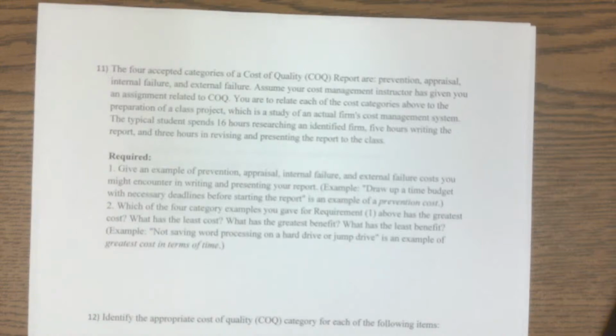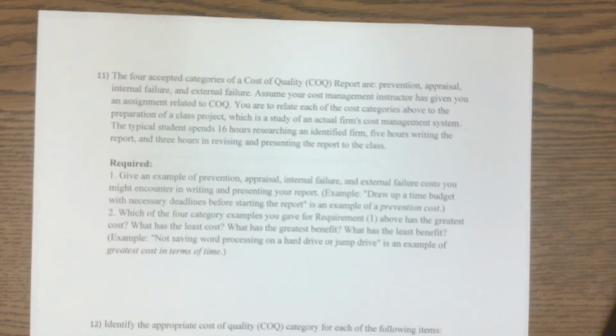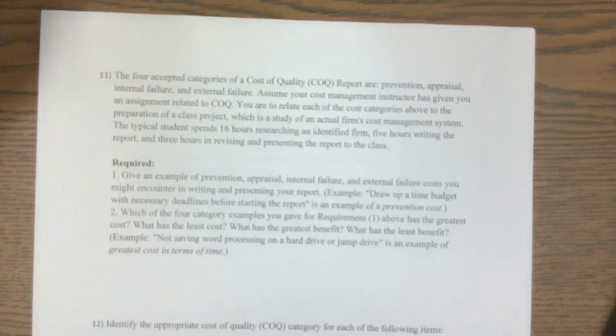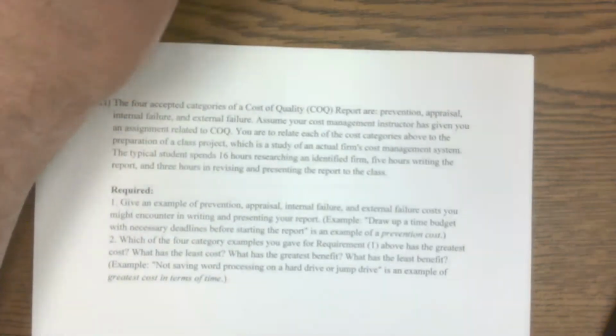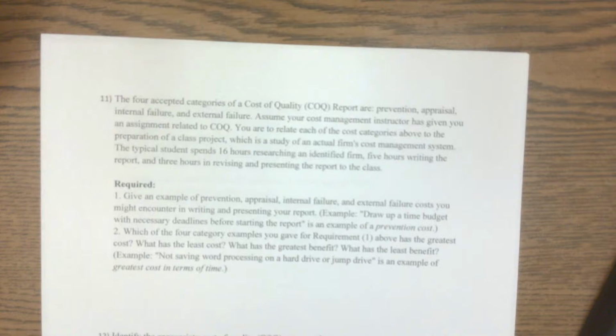Okay. Got the quality cost reports. The 4 accepted categories of cost of quality report are prevention, appraisal, internal failure, and external failure. Assume your cost management instructor is giving you an assignment, where you are to relate each of the cost categories above.